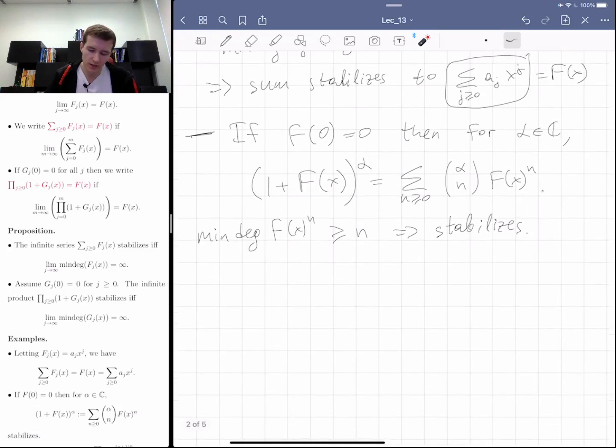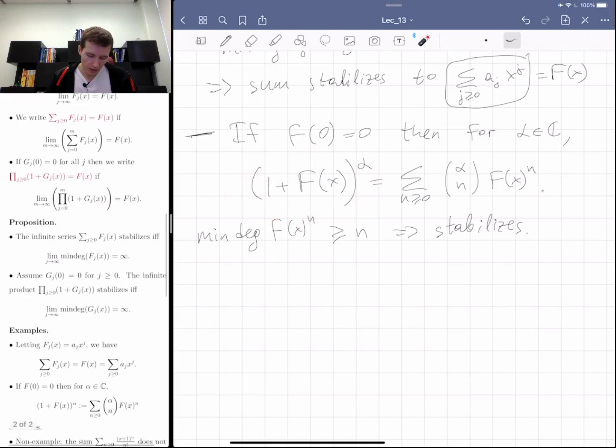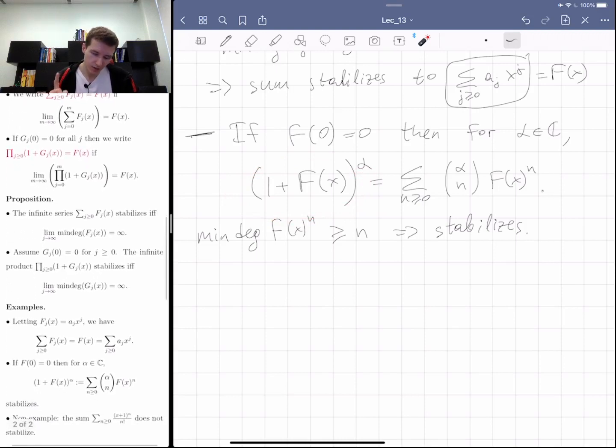And again, this satisfies all the usual rules, like if you multiply two expressions, then the degrees are going to add up, etc. I'd like to maintain that the original non-example is still a non-example.